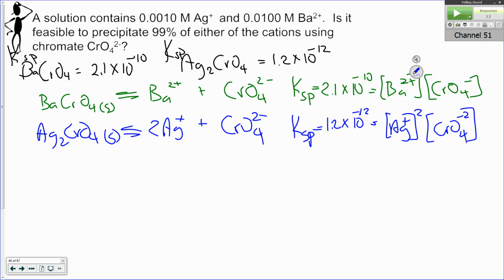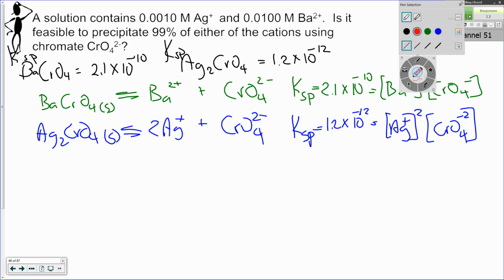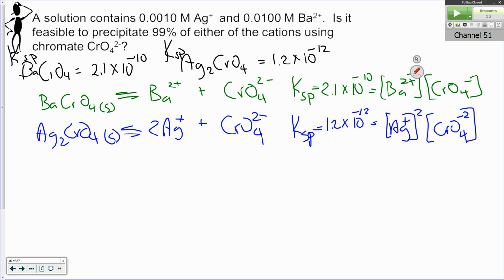All right, first question I have for you is we know the original concentration of each species. The original concentration of the barium is 0.01. The original concentration of the silver has got another 0 in it. It's only 1 millimolar. Okay, which one's more soluble? Judging by the look on your face, no. There's the science.